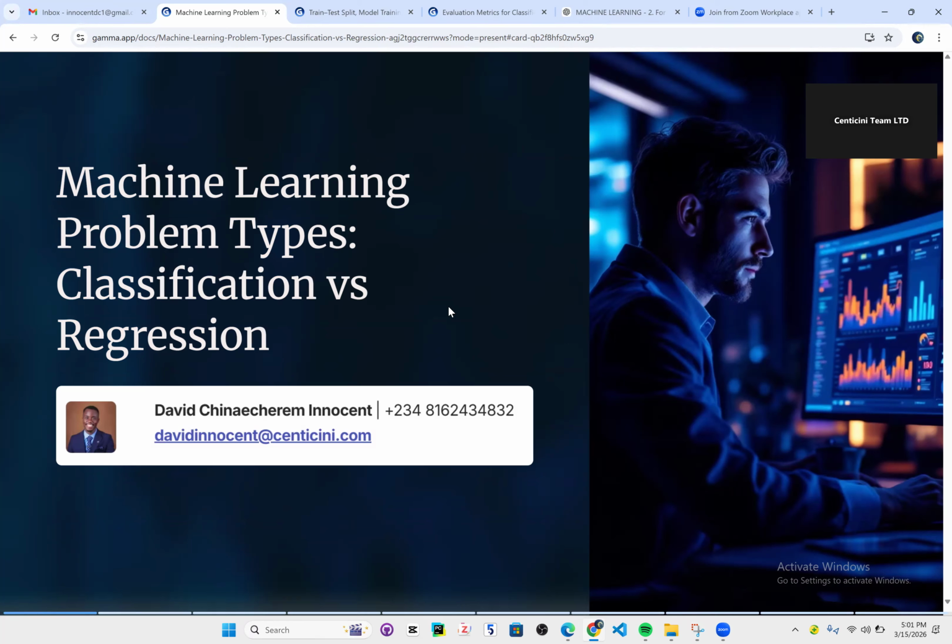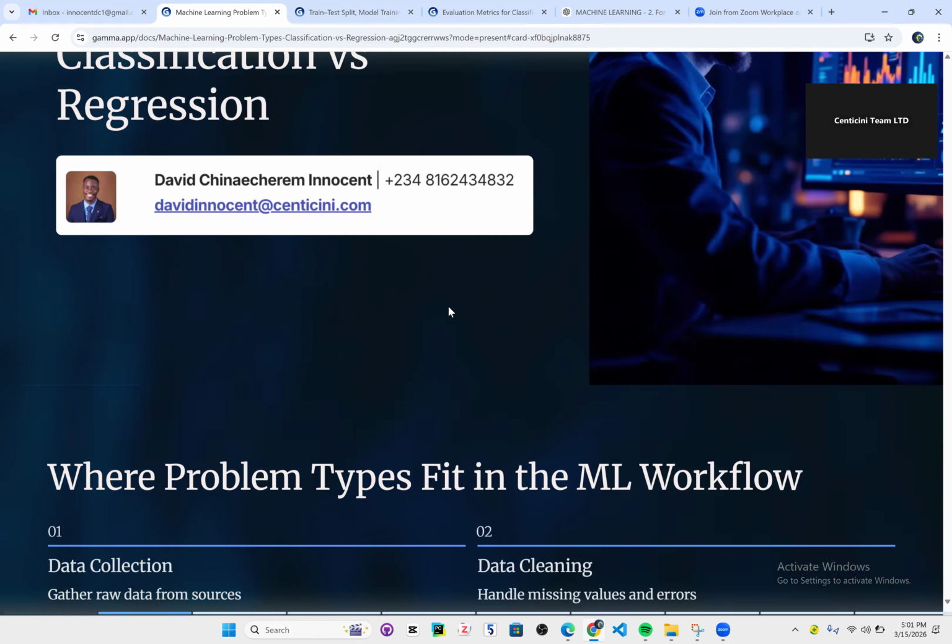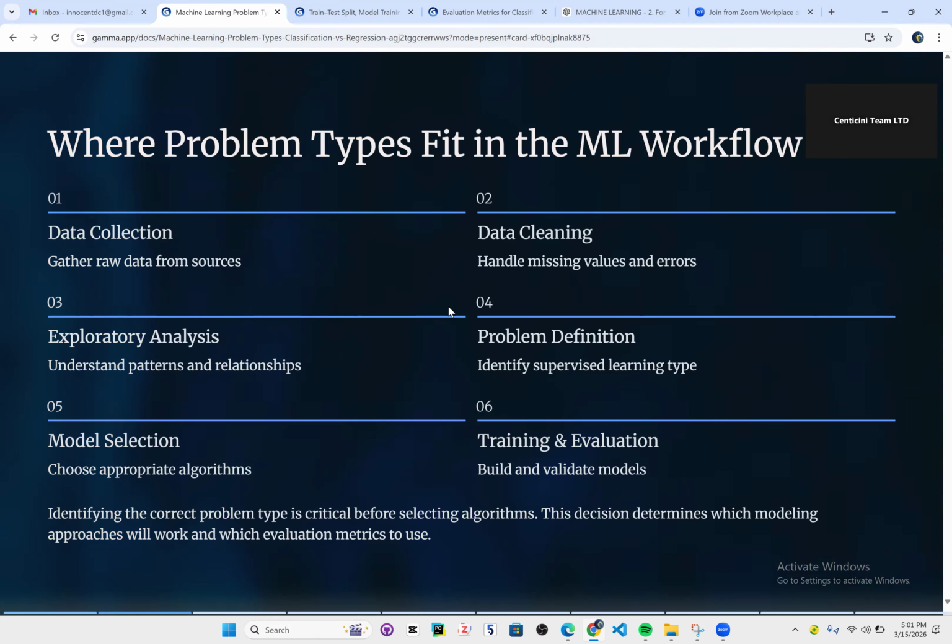That's how we label our targets. And particularly, that's going to play a massive role in the type of prediction we want to be making. So we're trying to say, where does this problem fit?